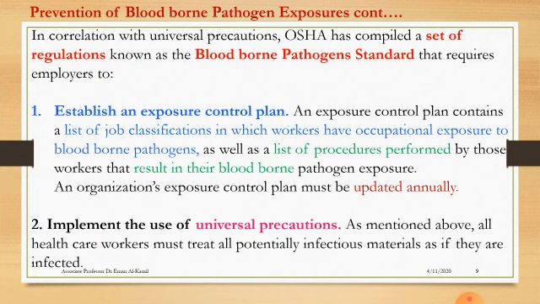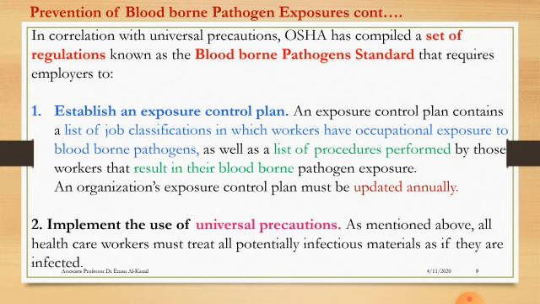as well as they should put a list of the procedures performed by those workers that result in exposure to bloodborne pathogens. So first, put a list of the job descriptions who are going to be exposed to these pathogens or having a risk of the pathogen, and then they should put a list of the procedures performed.